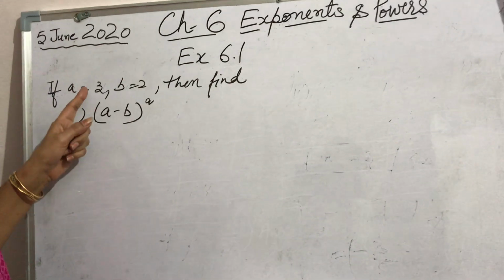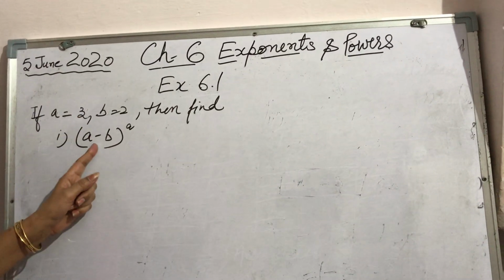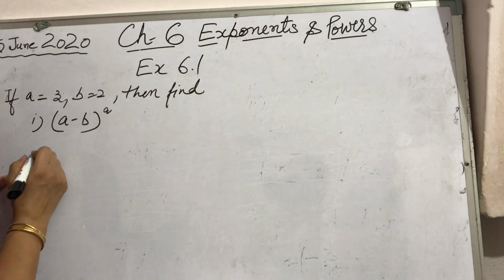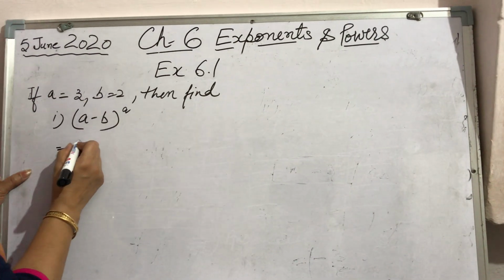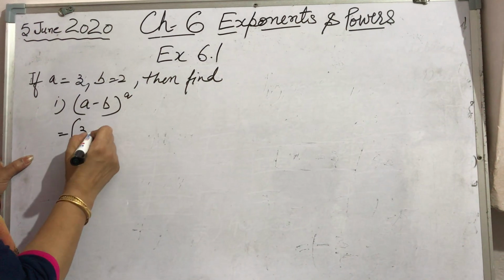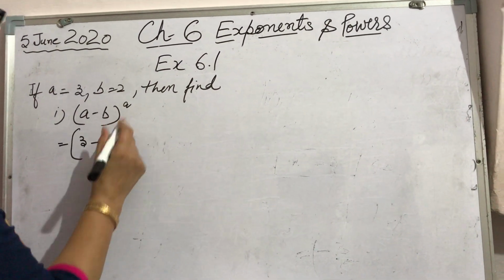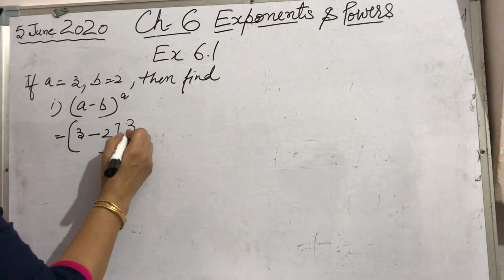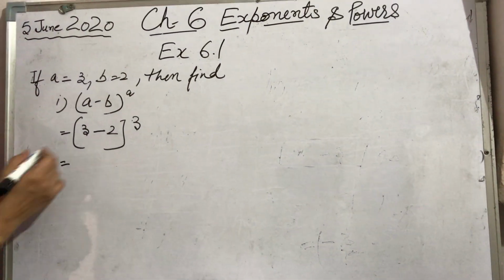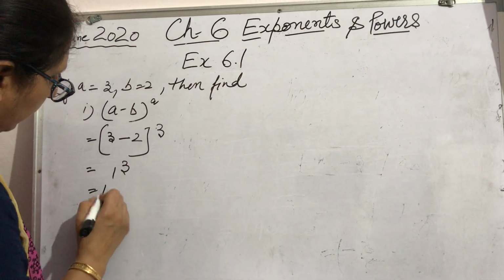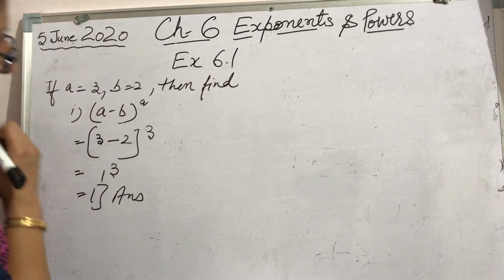So first of all, we'll replace the values of a and b. Instead of a, we'll use 3, and minus b, the value of b is 2, and again a is 3. Now solve it. 3 minus 2 is 1, power 3. So 1 is the answer.